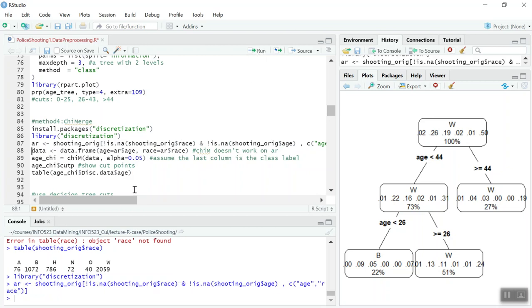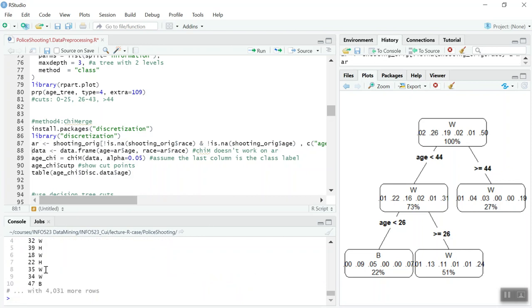So we created the age and race. Let's look at AR. So this is age and race, right? We only have two columns here. We pick out this.